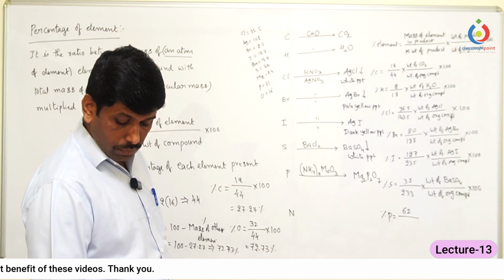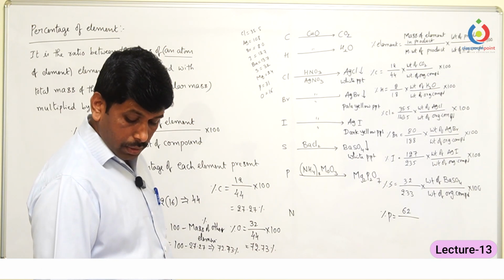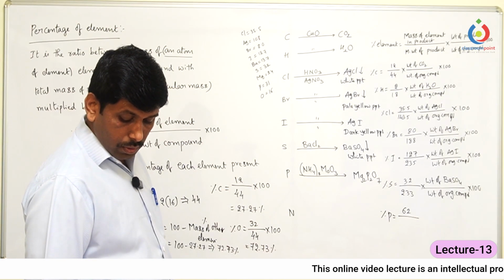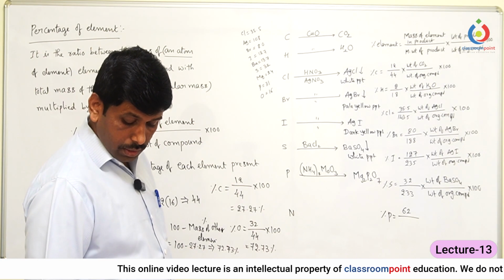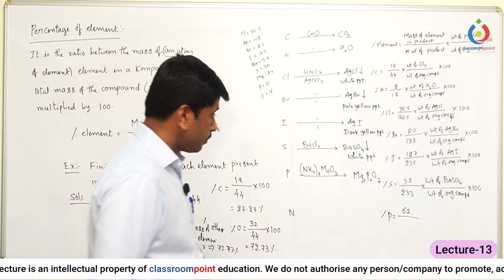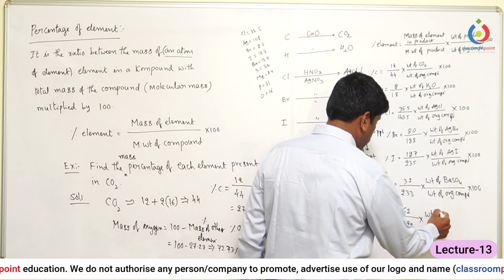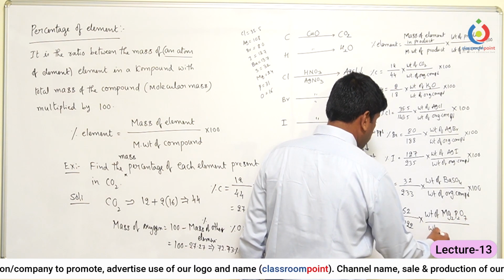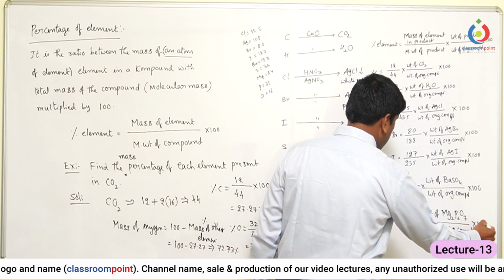Magnesium 24 means 48, plus there are 7 oxygens, that is 112, plus 62, giving 222, into weight of Mg2P2O7 divided by weight of organic compound, into 100.